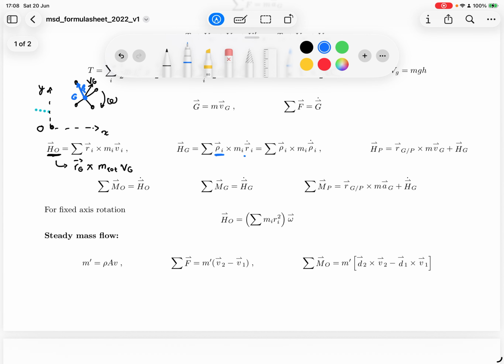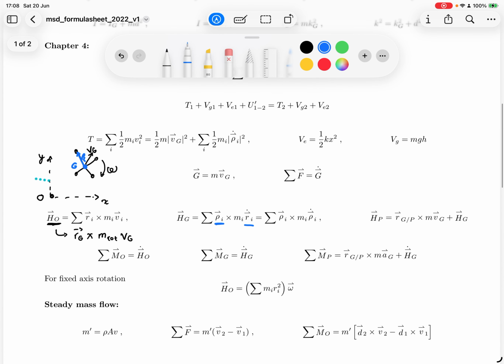And then Ri dot is again the absolute velocity of a particular particle, right? So if you have the absolute velocity of the particle and you can find its relative distance to G, which you should be able to do if they're asking you to calculate this, then you use this equation.